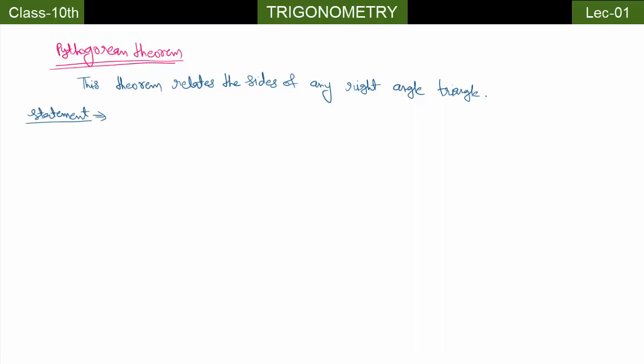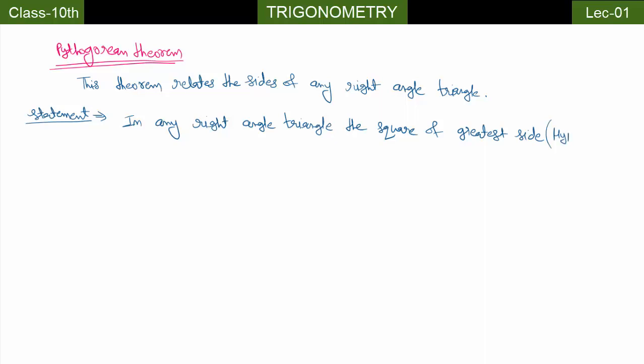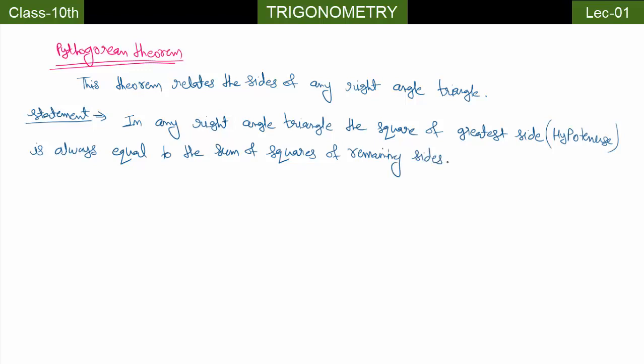Pythagorean theorem says in any right angle triangle, the square of the greatest side, and we all know in any right angle triangle the greatest side is nothing but the hypotenuse, is always equal to the sum of squares of the remaining sides. Okay, so that's the statement of the Pythagorean theorem.